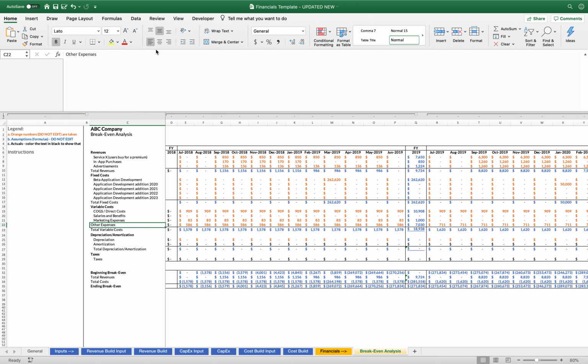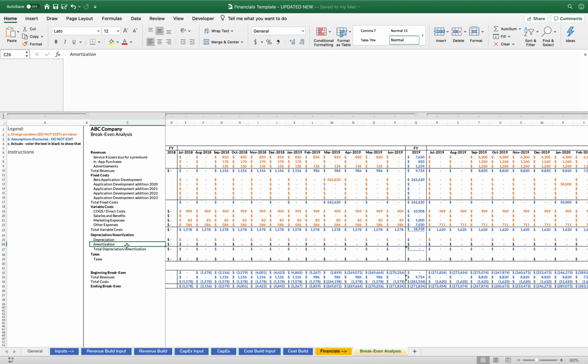So these are your total expenses there. Oh my goodness, other expenses, I'm going to have to update this. And then we have our total variable costs, which is summing all of those numbers up.